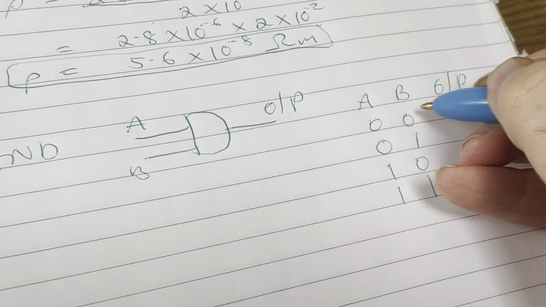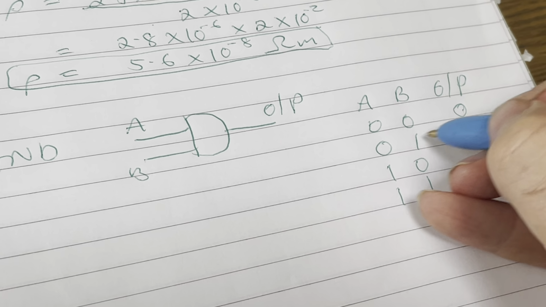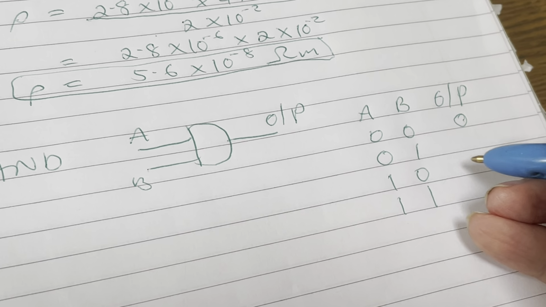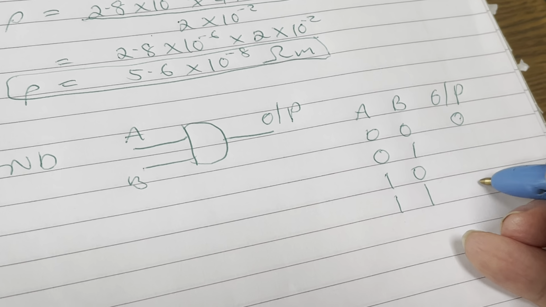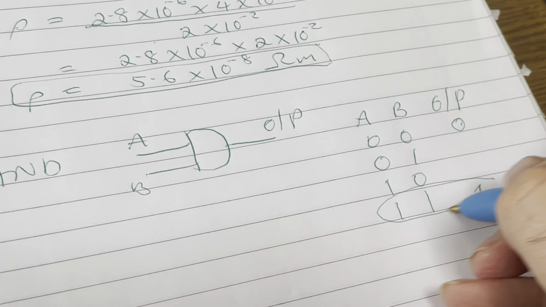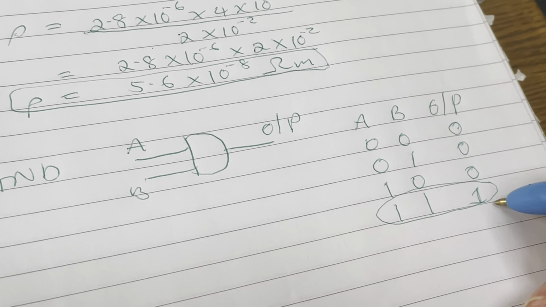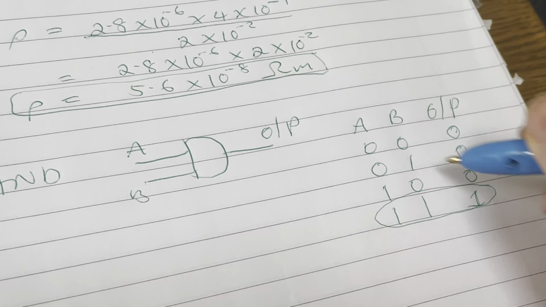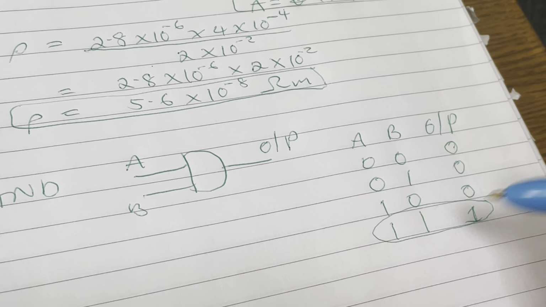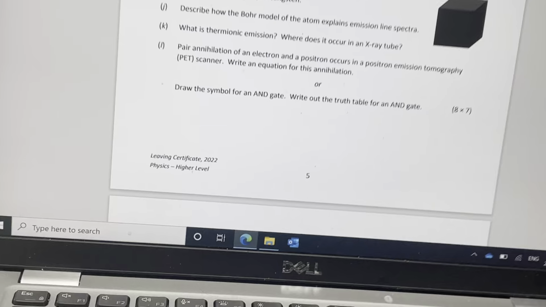So 0 and 0 is 0. The output is only going to be 1 if A and B are 1. So that's the case where the output is 1. These ones are all going to be 0, because for an AND gate, only if A and B are 1 is the output high.